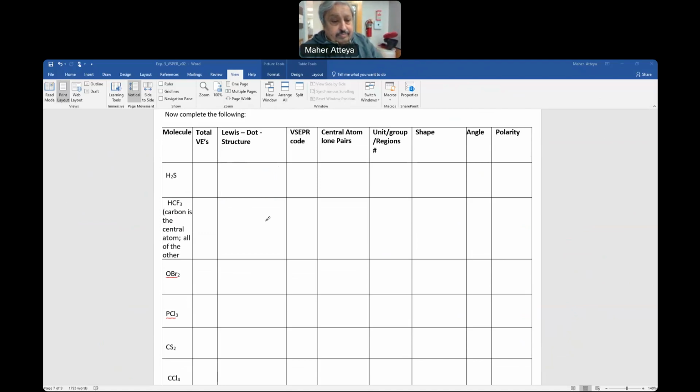Hydrogen is always terminal. And the sulfur has six valence electrons. This is one here, and one for hydrogen. So it looks like this.